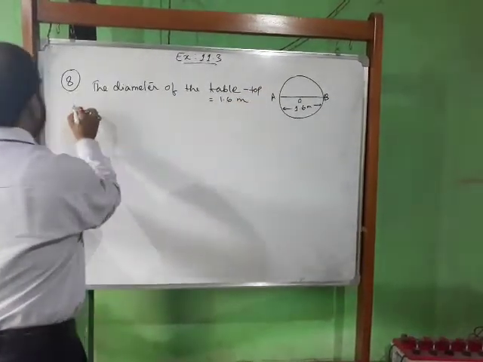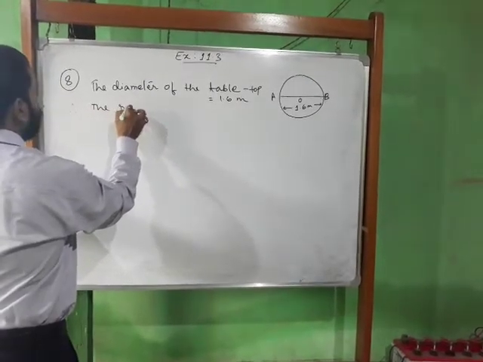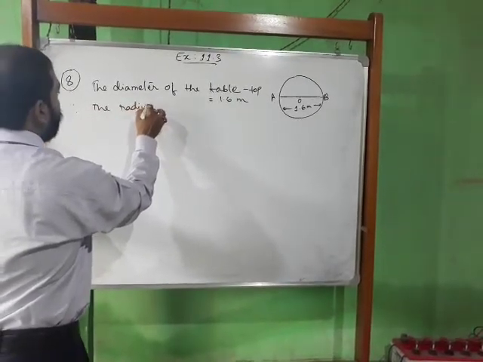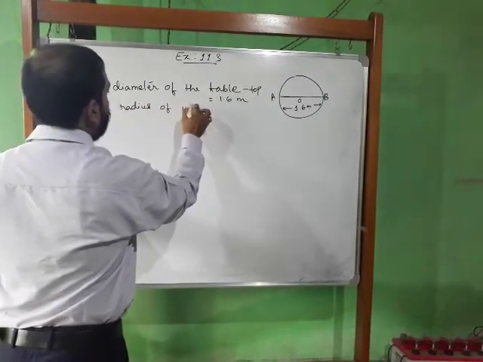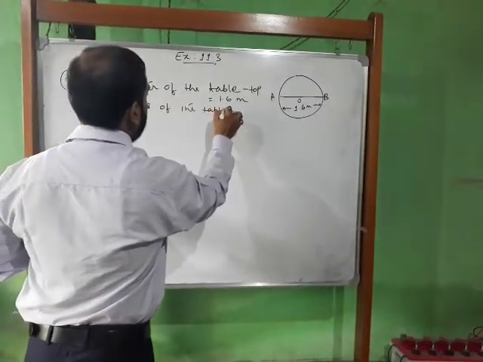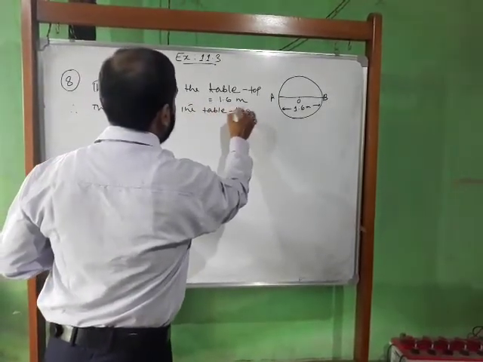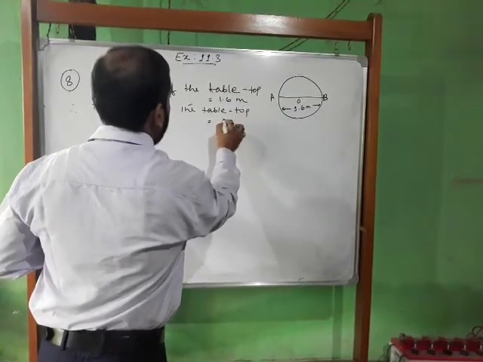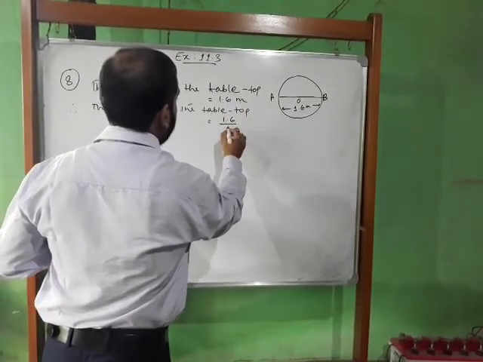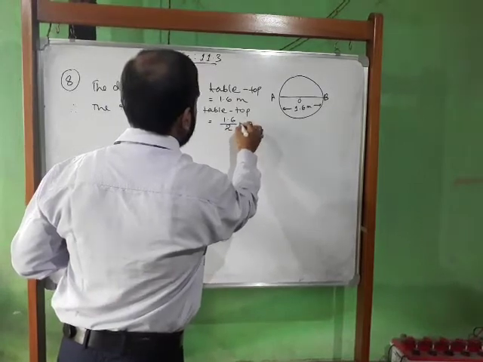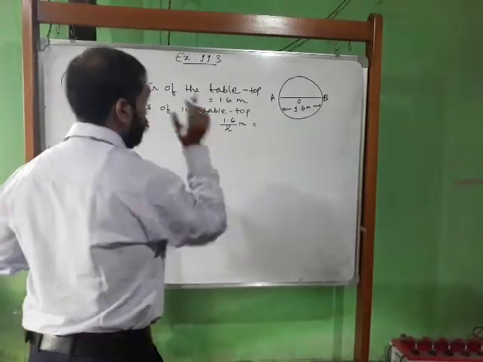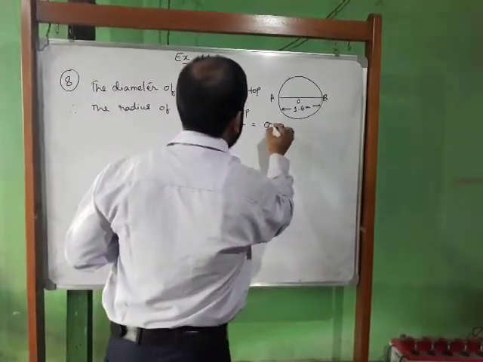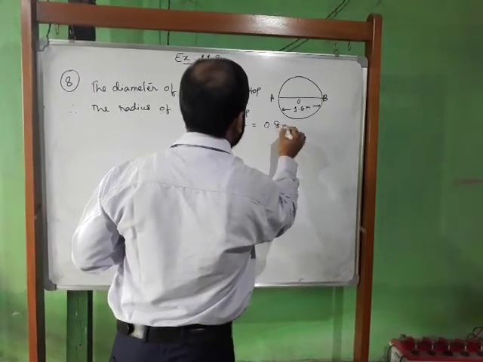Therefore the radius of the tabletop is 1.6 divided by 2 meter, that is 0.8 meter.